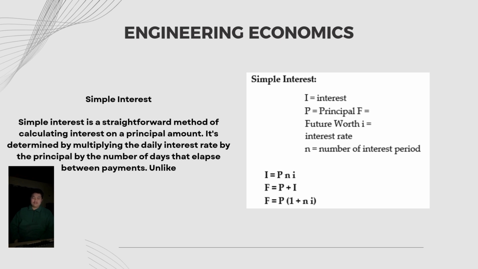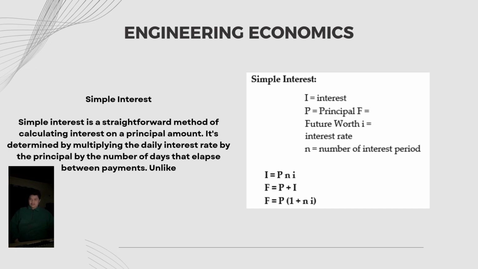And lowercase n is the interest period. So these are the formulas. I equals P times n times i, or interest equals principal times number of interest periods times interest rate.